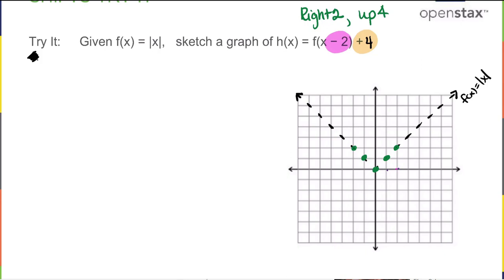So right 2, up 4. And take this one, right 2, up 4. And there we go.